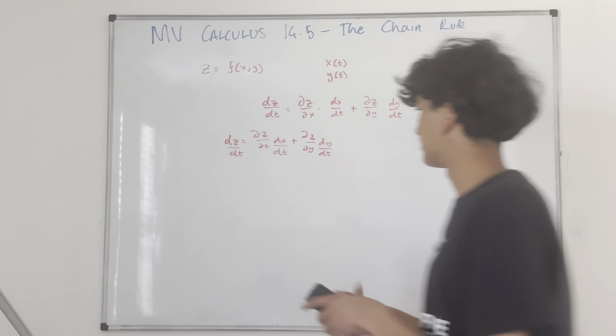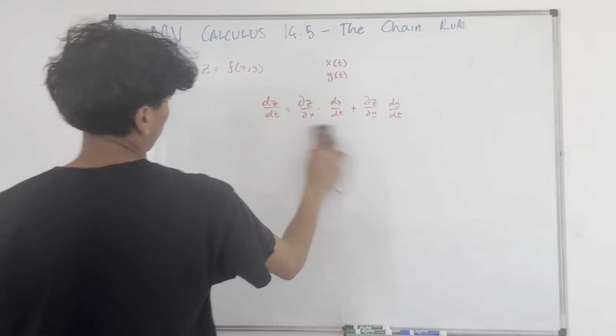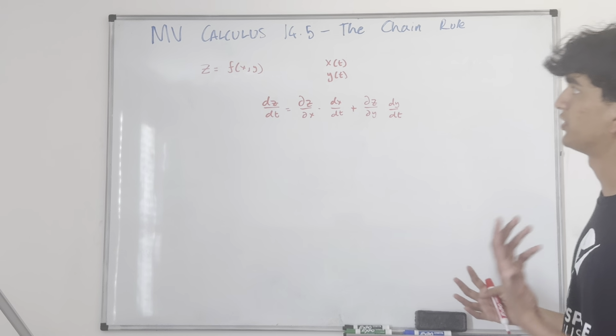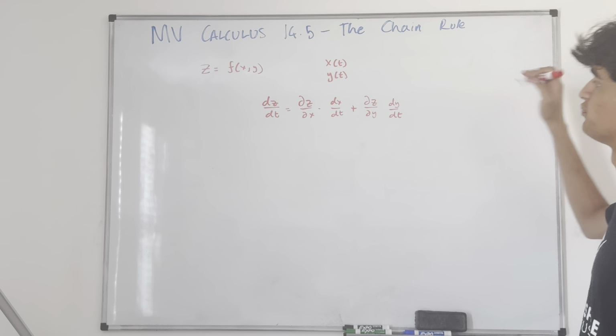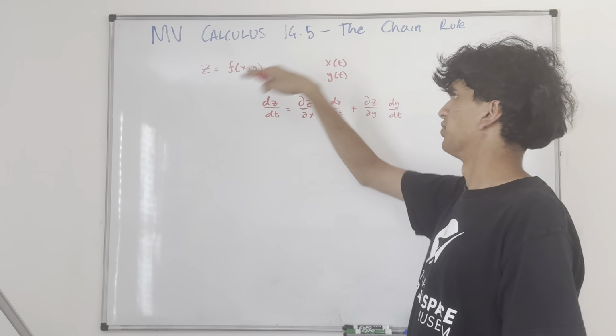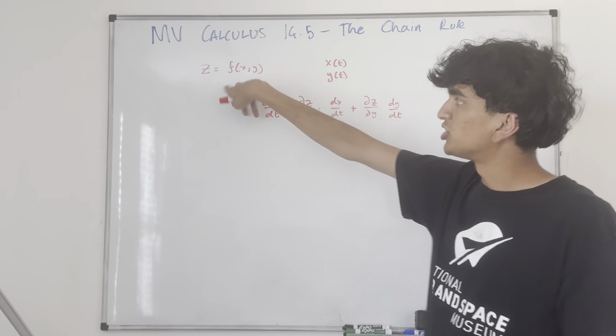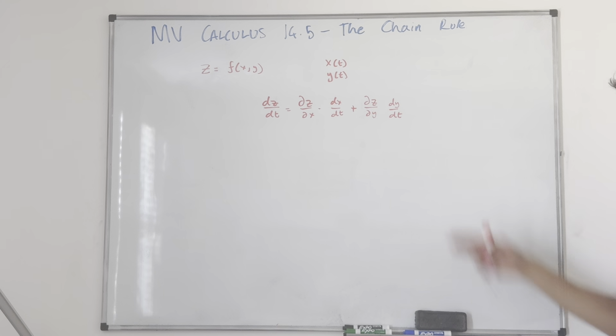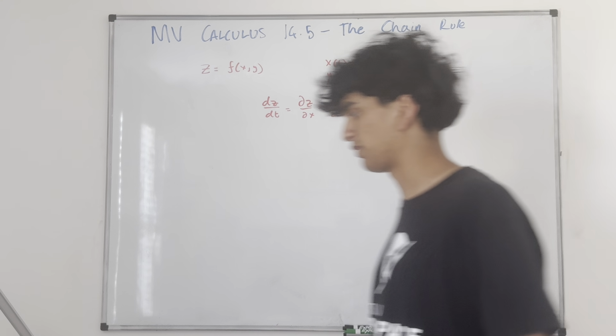The point is this is a really useful formula for when we have a function depending on two variables which both depend on another variable. So let's do an example.